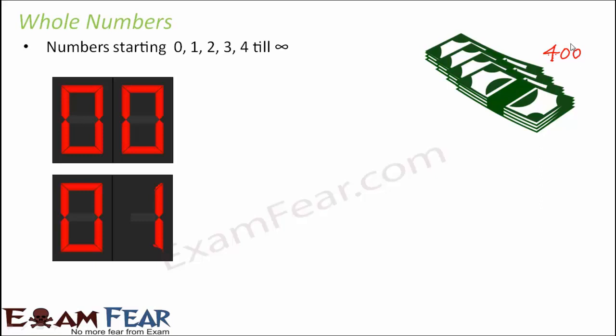So you see, just the presence of zeros actually brings a huge difference. Would you agree with me that there is a huge difference between 40 and 400? Similarly, there is a huge difference between 400 and 4,000 or 40,000. But the difference as such is nothing but the number of zeros. As the number of zeros after a number increases, the overall value of the number increases. So 0 is a very significant number.